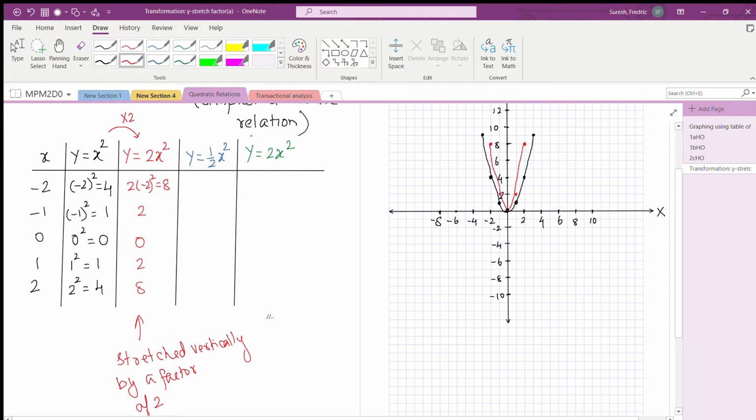Now, what happens to something like y equals half x squared? Remember, half is the same thing as 0.5. So you can put this into your calculator and go 0.5 times negative 2, that is coming from the x value here, squared, and what you will get is a 2.